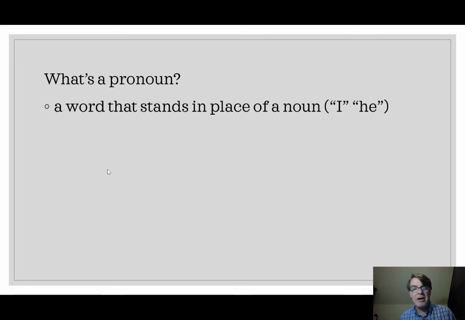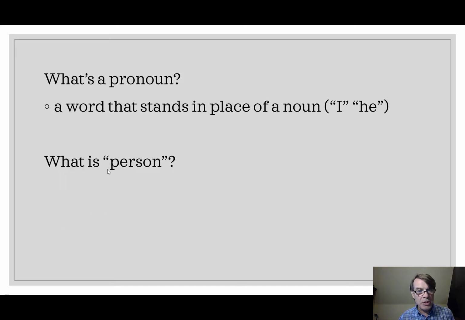I would already know it. We have these words called pronouns. I, you, he, she, it, they. We use this in place of a noun. It's kind of like a shorter word usually. I mean, pretty much always, that allows us to conserve our breath. We don't have to say Ken Shank every time. We can say I or he or you and so forth. So that's what a pronoun is. It's a word that stands in place of a noun.